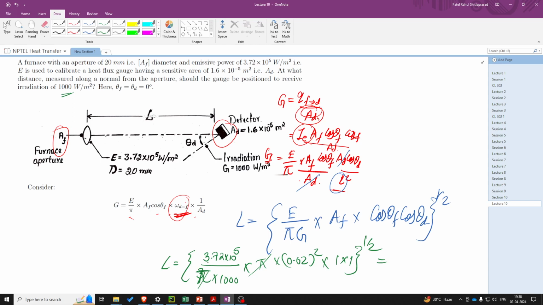Yes, it will be pi by 4 d square. So this will come around square root of 0.0372.